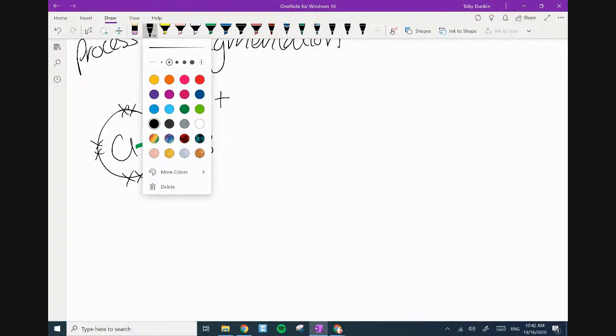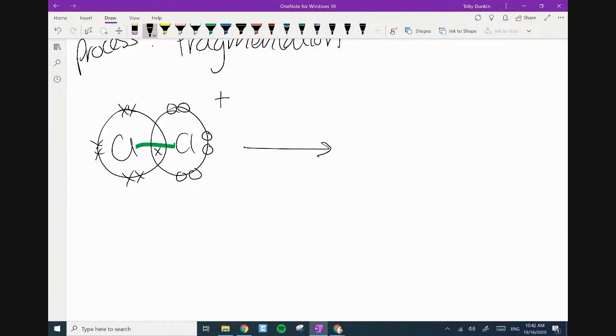Now what that means is it's going to split into 2 particles. But the particles are going to be subtly different. Now, what I'm going to show you is this one. I'm going to choose this. There you go. Now, when this happens, something very cool happens.